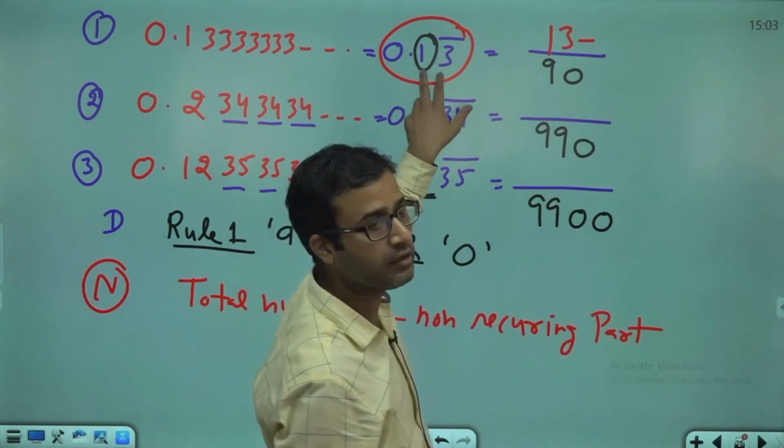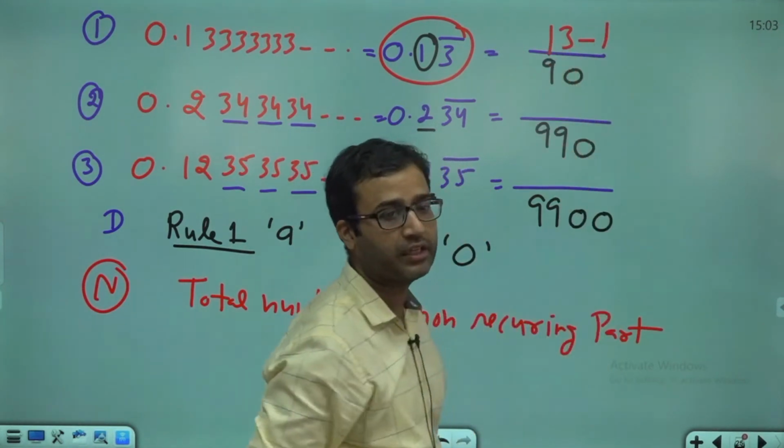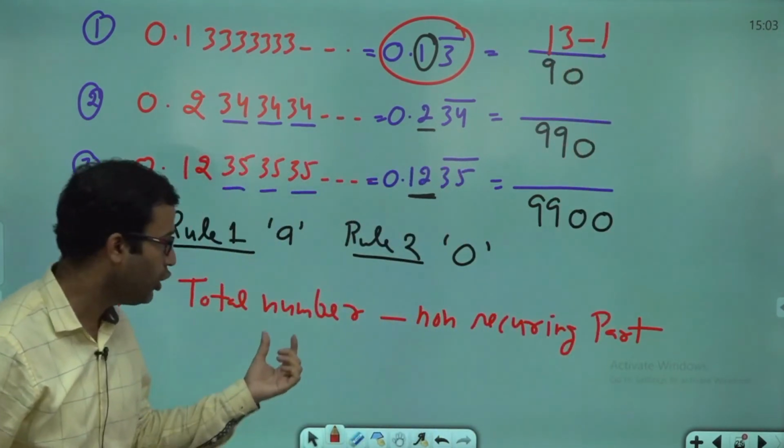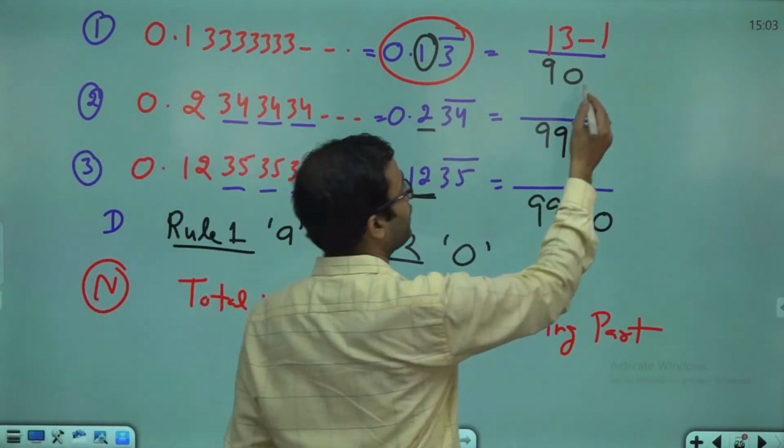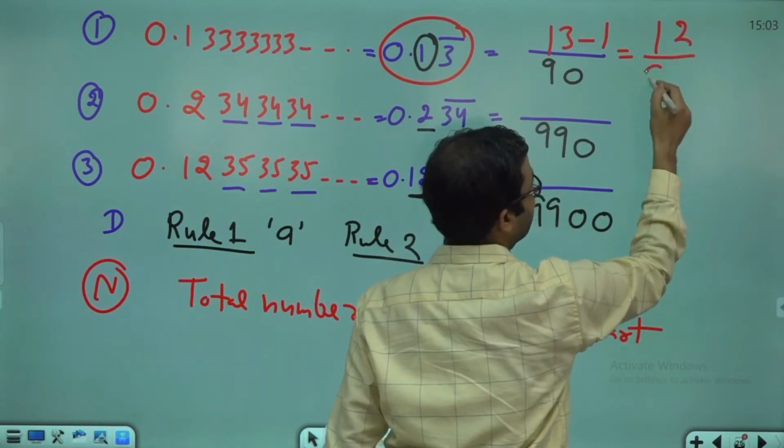So it will be 13 minus 1. I repeat, total number minus the non-recurring part. So here it will be 12 by 90.